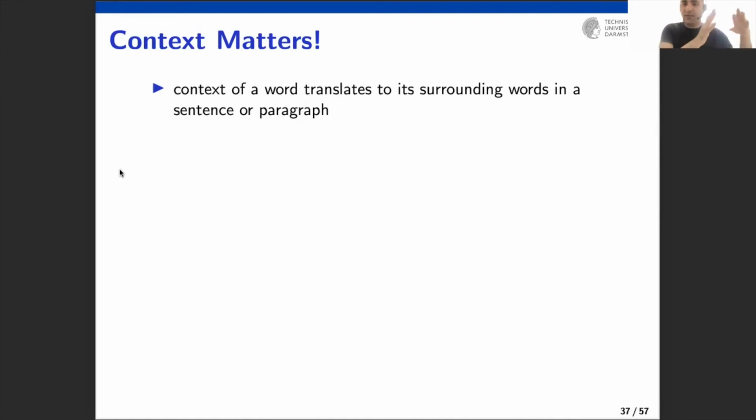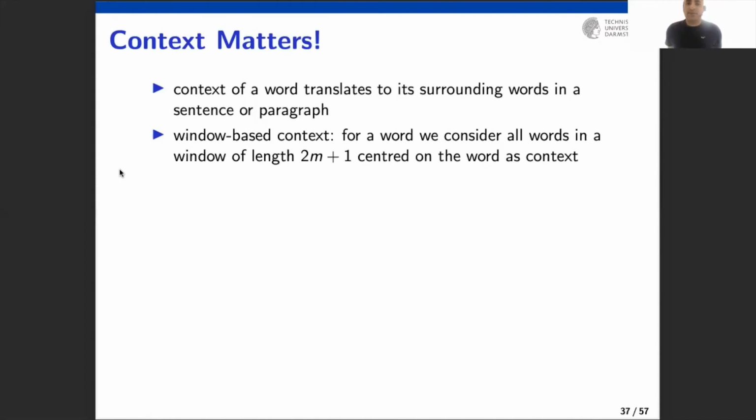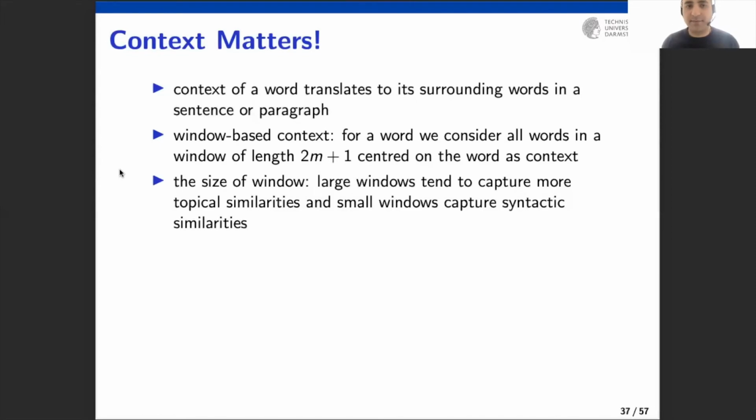So we can define a window over this target word, and we extract the neighboring words of this target word as context. That is the way that we define a context, which is also known as window-based context. For a word like W, we consider all words in a window of length 2n+1 centered on word W as context. So the length of the window is n.